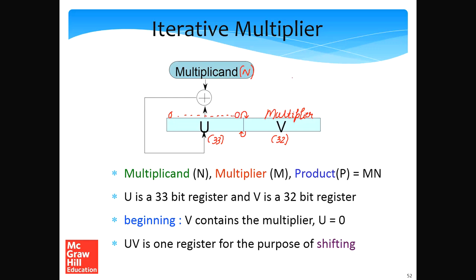We load the multiplier in register V. Register U will contain all zeros, and the multiplicand will be in register N, which is shown on top. And we'll have a circuit over here where we'll load the current contents of U, we'll add it to the multiplicand, and the result of the addition will be fed back to the register U. So that's pretty much the only circuit, but let's take a look at the algorithm that will show how exactly this circuit works.